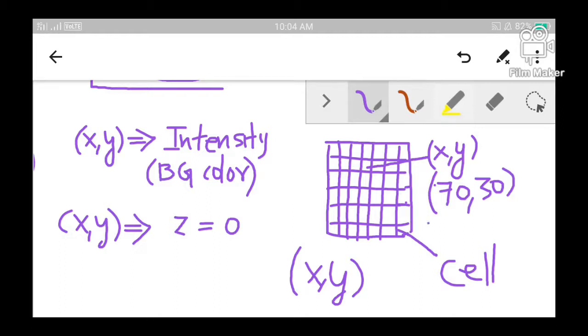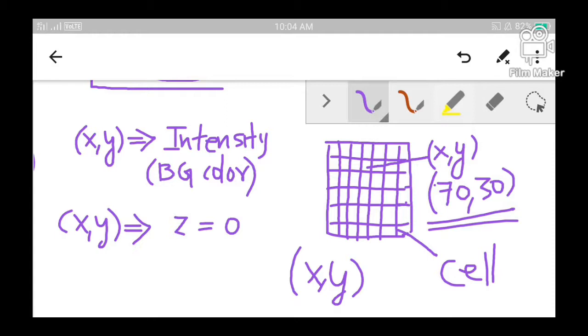Like if I am saying 70, 30, what do I mean? 70, 30 means 70th column of 30th row. So in this way, when we divide the entire screen into number of rows and columns, every cell is identified by two parameters x and y.